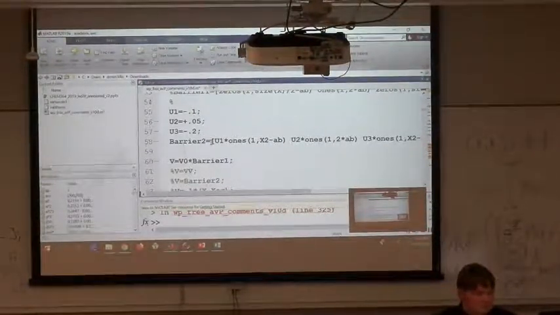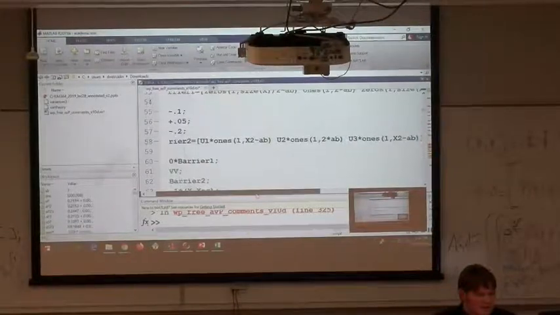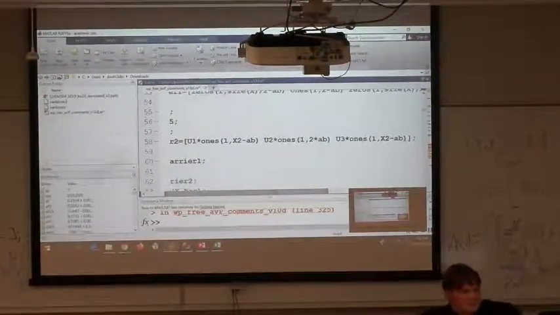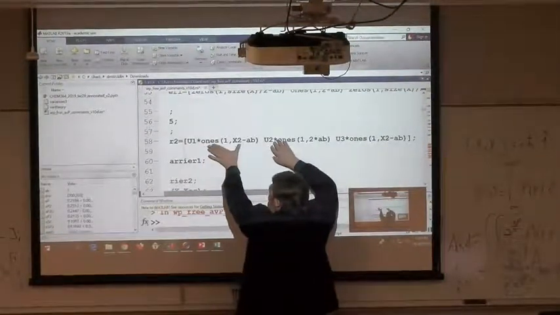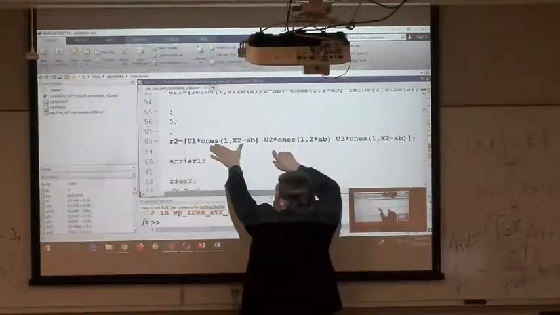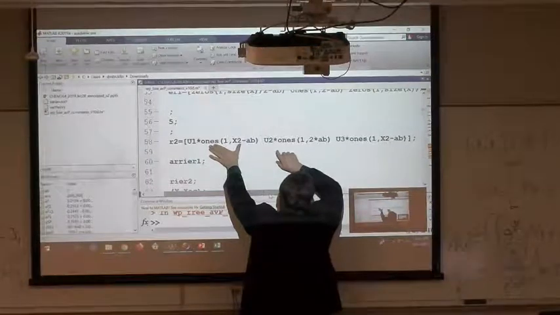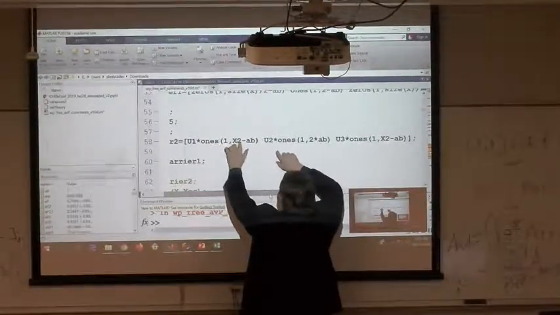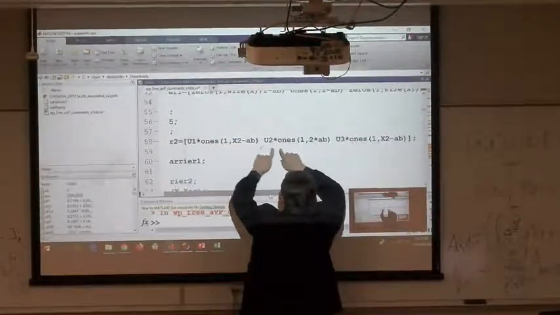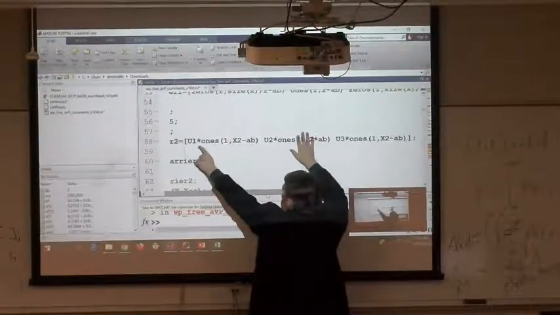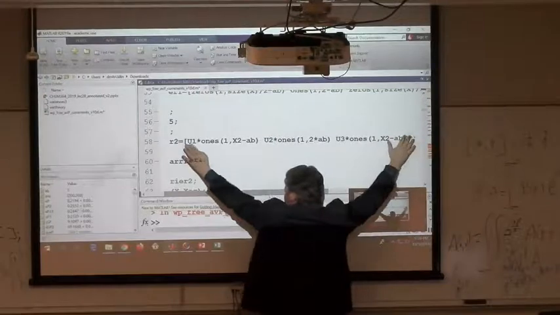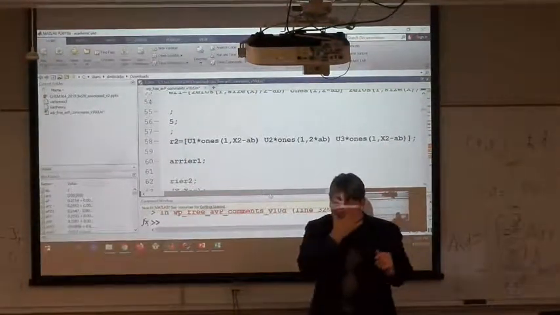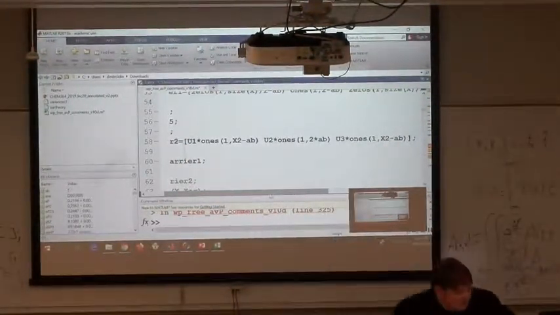So in this line, I am setting up a vector corresponding to 3 segments. So x2 is half of the number of units, and the total number of elements will correspond to the discretization size for the x variable.